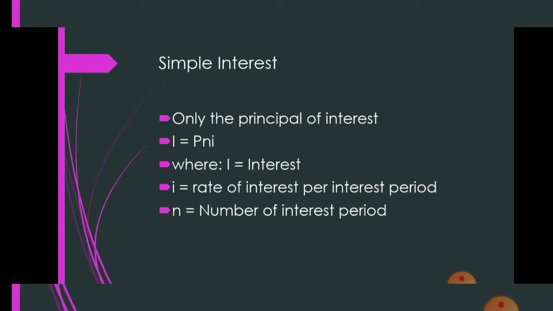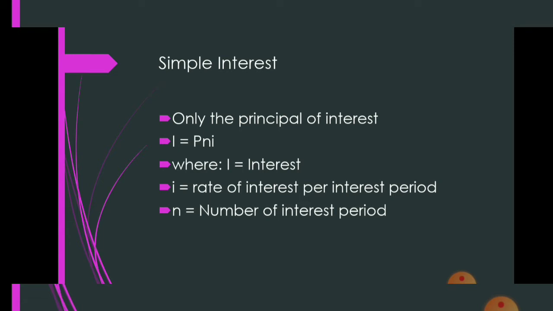Simple interest is the only principal of interest. So, sabi dito is only principal lang na may interest. So, ito yung formula natin. I is equals to P, n, and i.